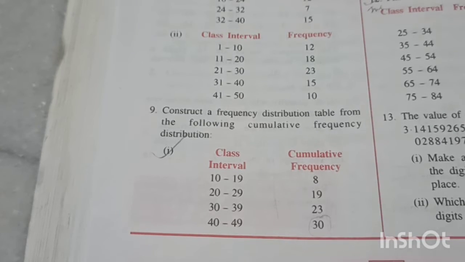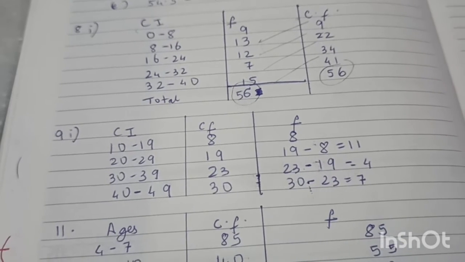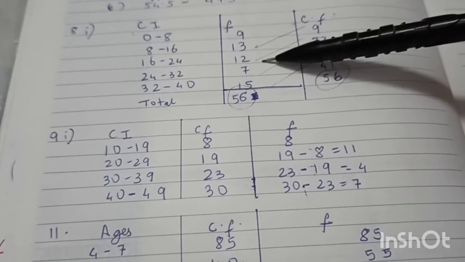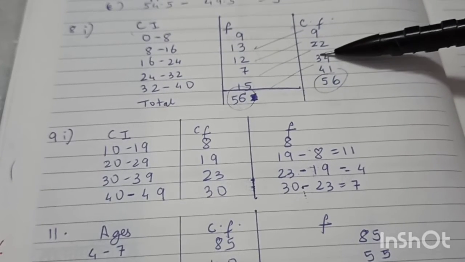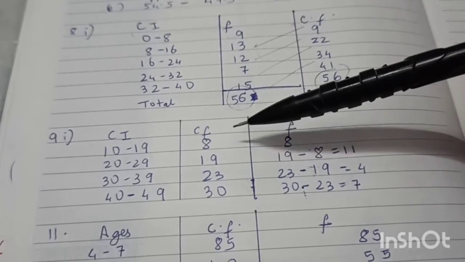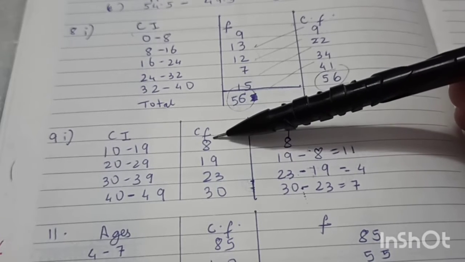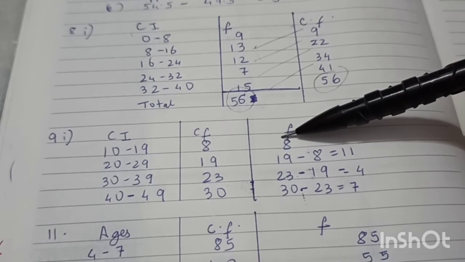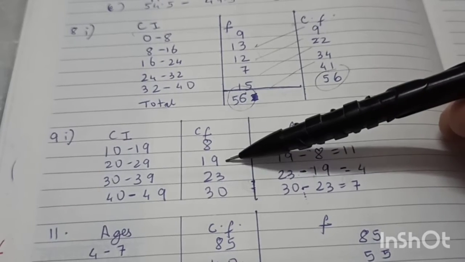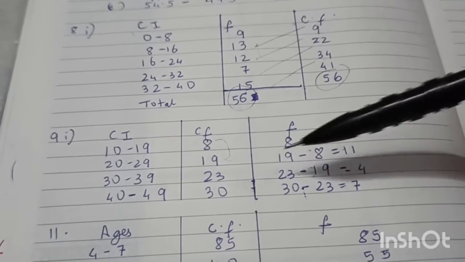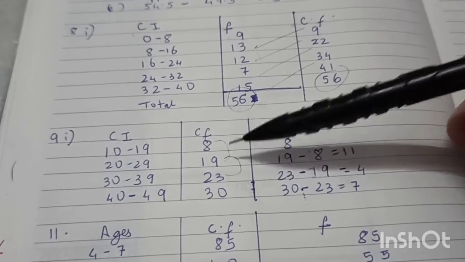But how will we know the individual frequencies of each class interval? Well, in the previous sum we had added the frequencies at every step to get the cumulative frequency. Here we'll do the opposite. Step number 1, copy the first number as it is. That's always the case. Next, do 19 minus 8, that is 11. Then 23 minus 19.